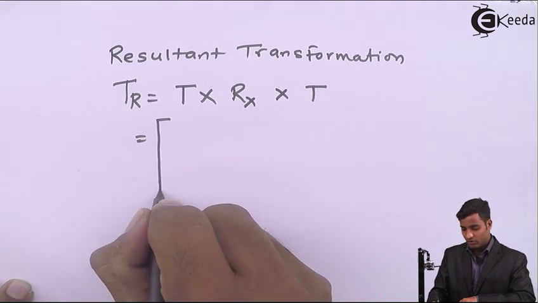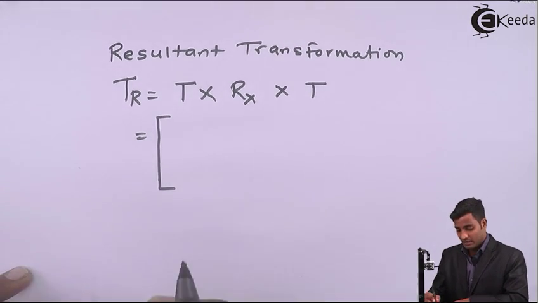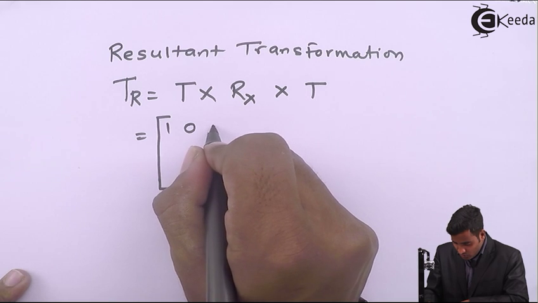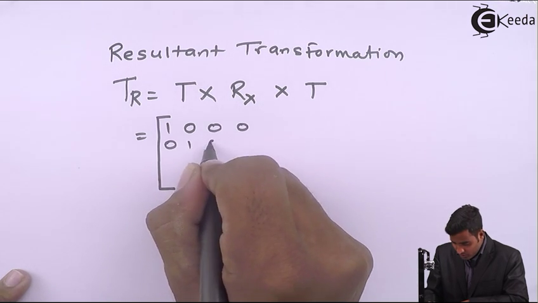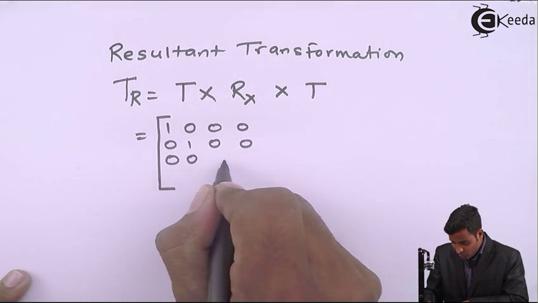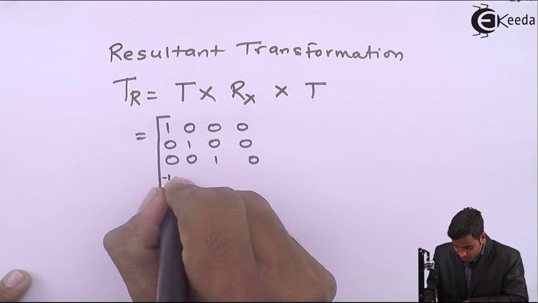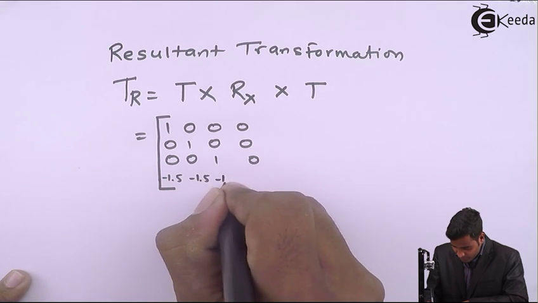Now I will write down the matrices. For translation: 1 0 0 0, 0 1 0 0, 0 0 1 0, minus 1.5 minus 1.5 minus 1.5 1.